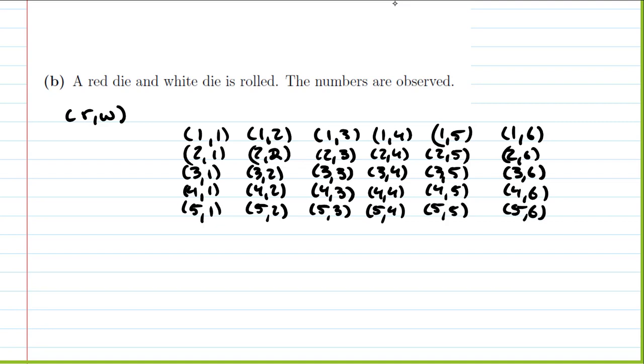And finally, our last row would be 6,1; 6,2; 6,3; 6,4; 6,5; and 6,6.